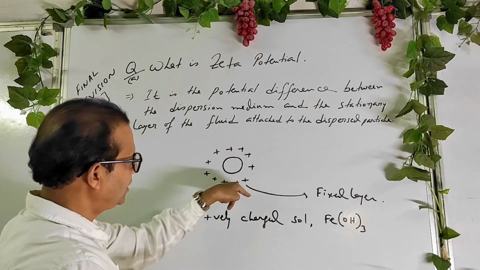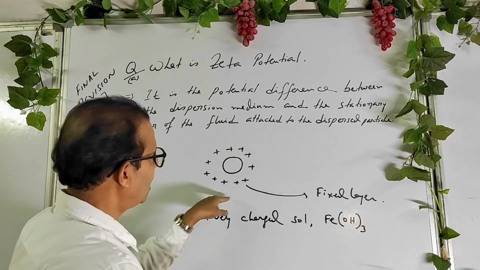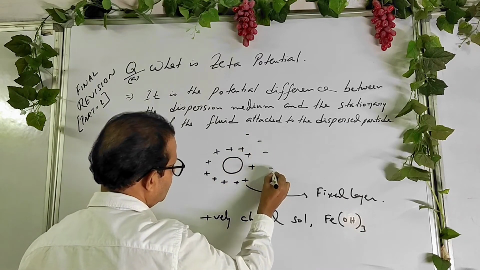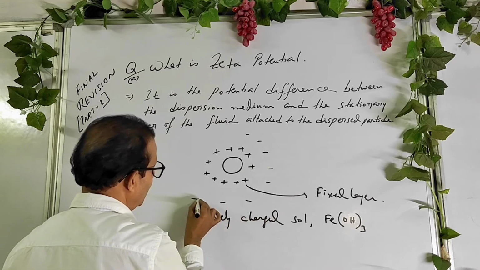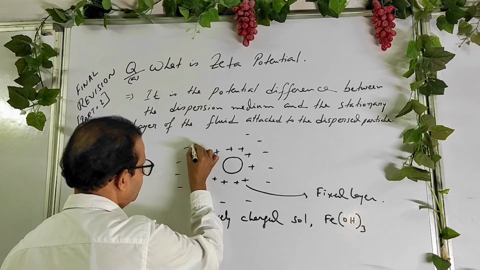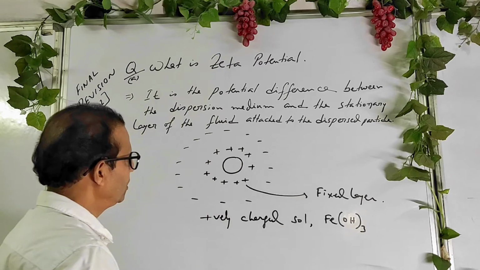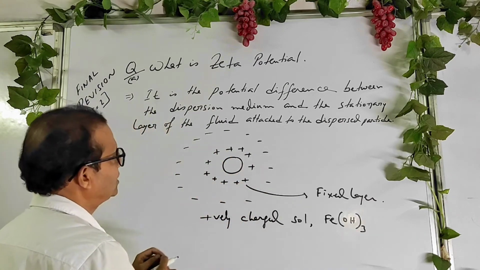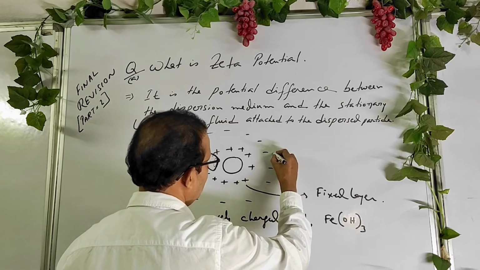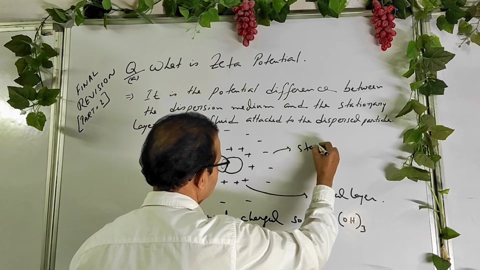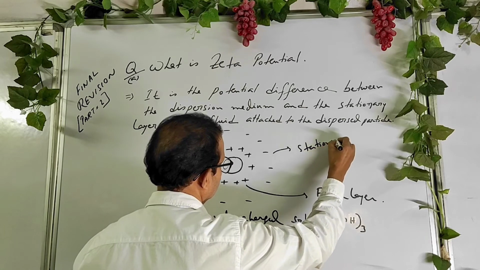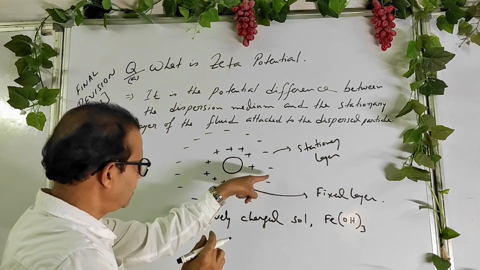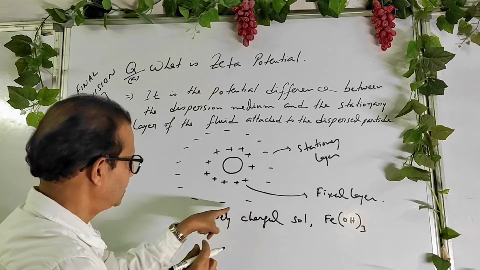Just outside the fixed layer, the negative charge particles are assembled. So this is the fixed layer, and this is the stationary layer, the layer of negative charge ions.